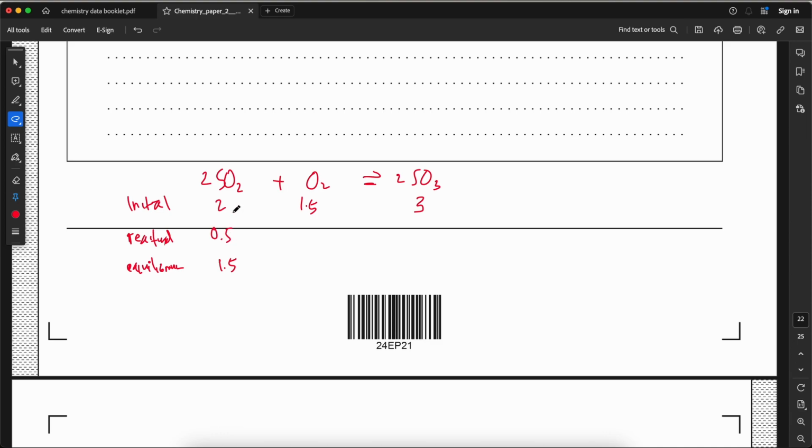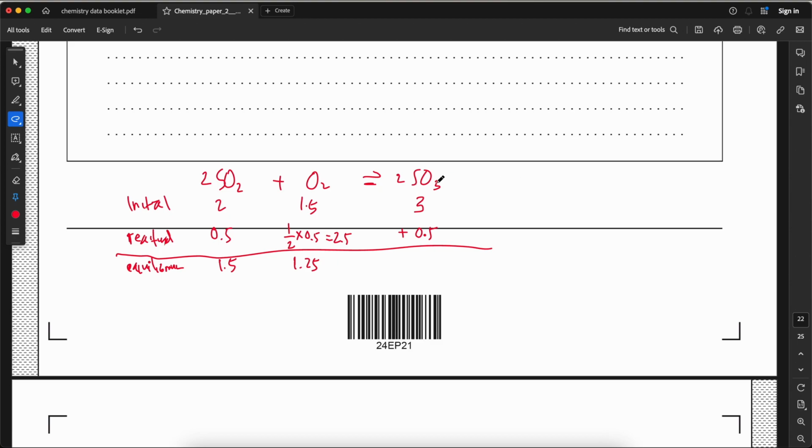0.5. And for this one, because the coefficient is 1, so 1 over 2 times 0.5, you've got 0.25, giving 1.25. And for this one, because the coefficients are the same, so plus 0.5.